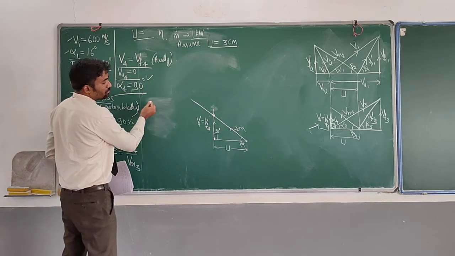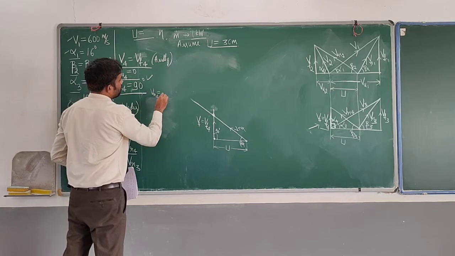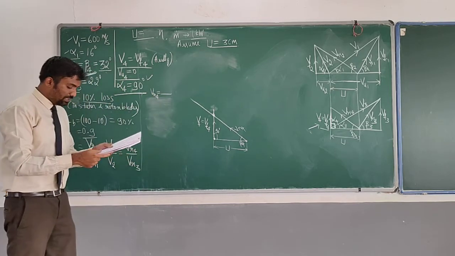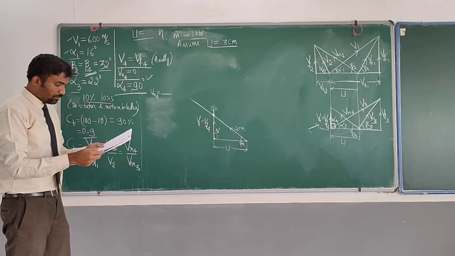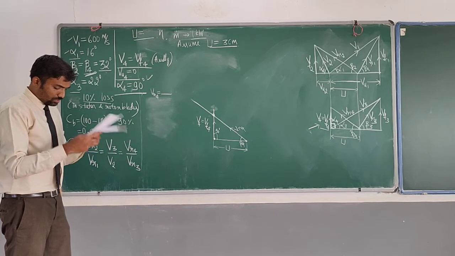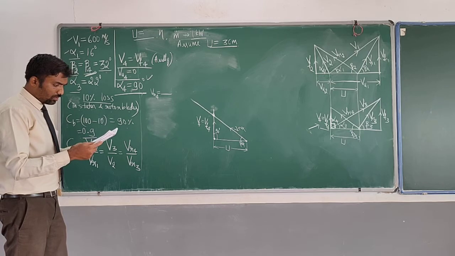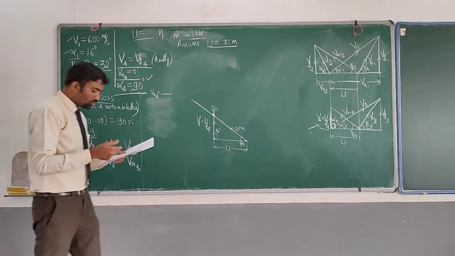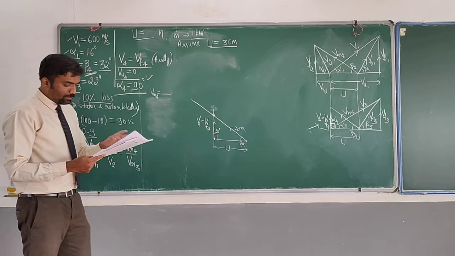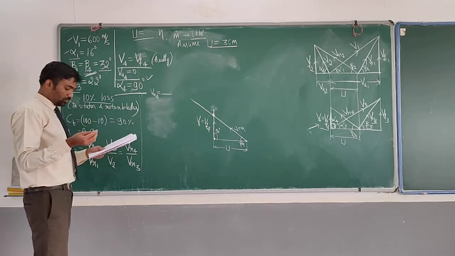So now we got the value of VR4, say certain centimeters. The values are already measured and noted down. I will be writing only a few important values, just explaining the procedure.